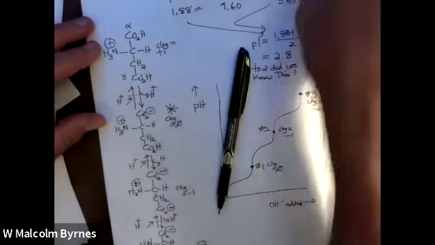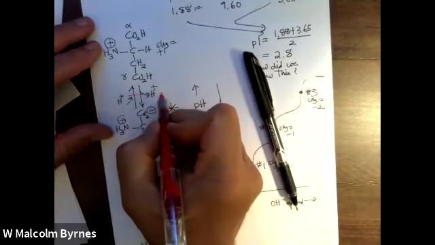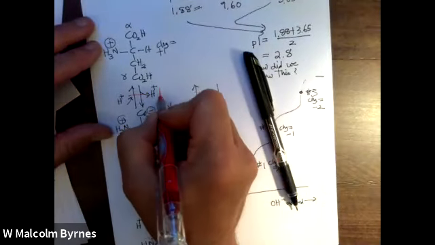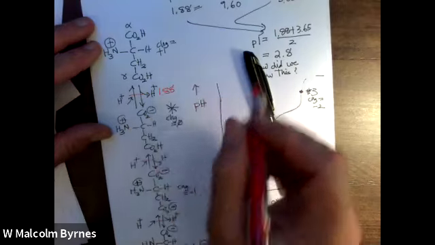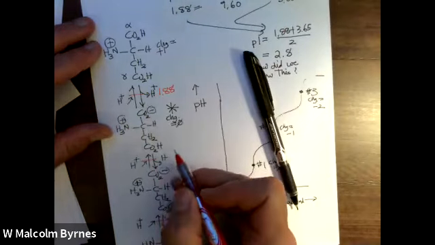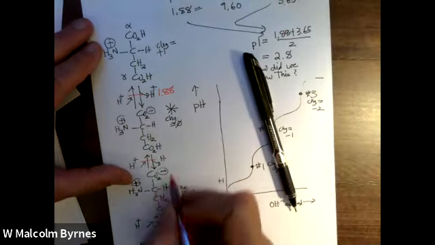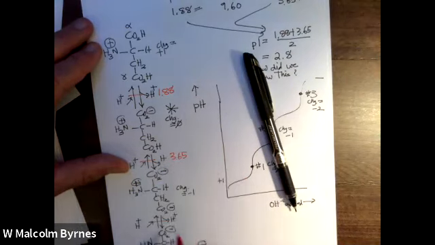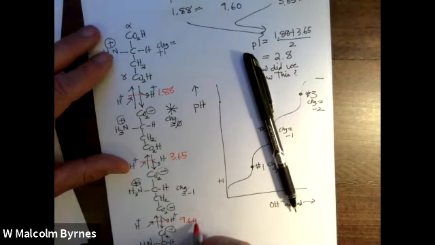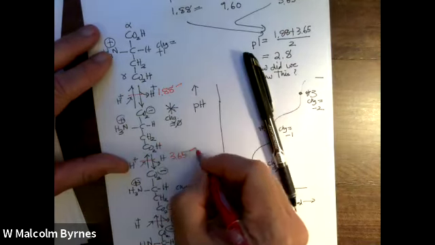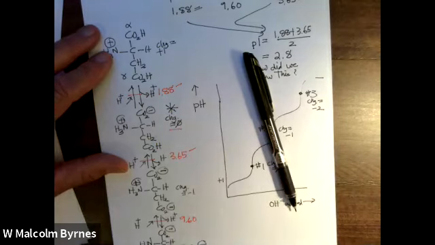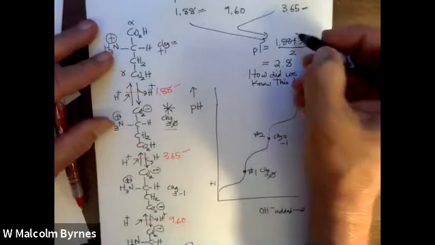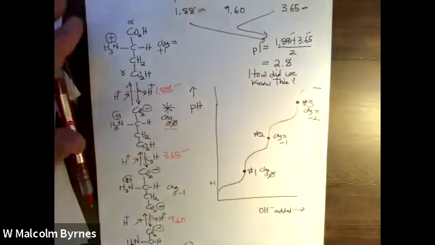So we're going to average this pK1, which is 1.88, right? And then the pKa for the carboxyl on the side chain, which is 3.65. And this one was 9.60. So you're going to average these two because they flank the species that has no charge. That's why we did the calculation the way we did.